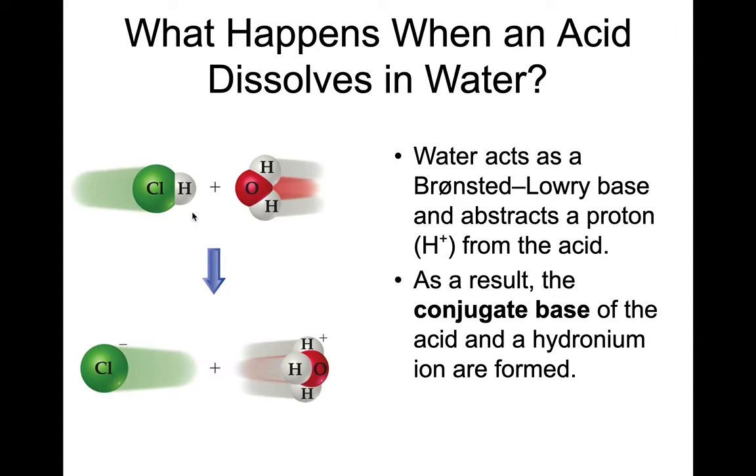What is formed as a leftover from the hydrogen chloride is called the conjugate base of the acid. A conjugate base is just whatever is left over after the acid donates its proton. The leftover, in this case the chloride ion, is its conjugate base.